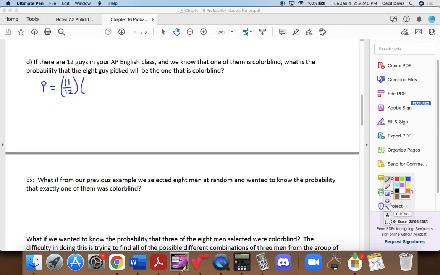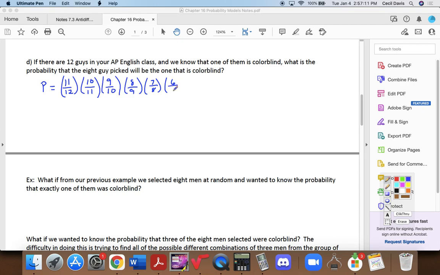And then when you pick the next one, how many non-colorblind guys are there now? It's 10 out of 11. And then 9 out of 10, that's the third guy. And then 8 out of 9, the fourth guy. 7 out of 8, that's the fifth guy.